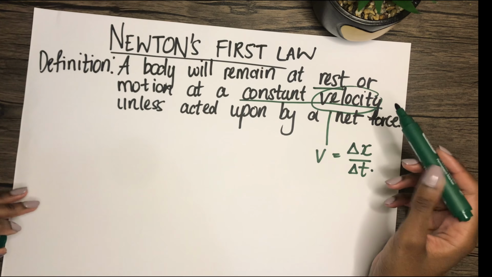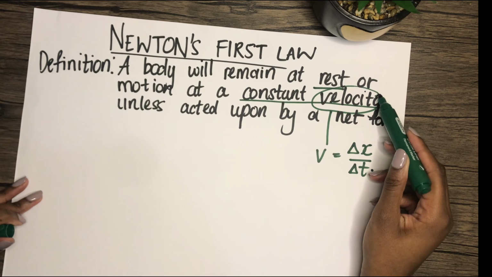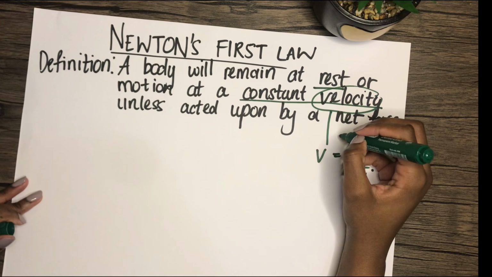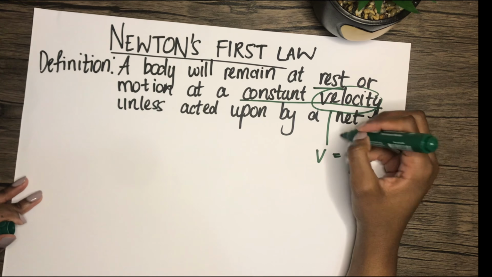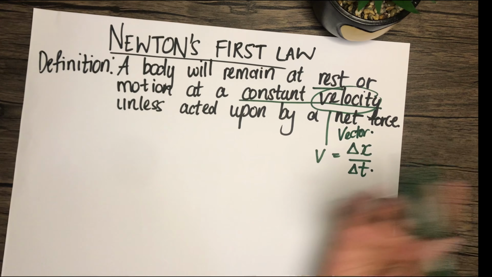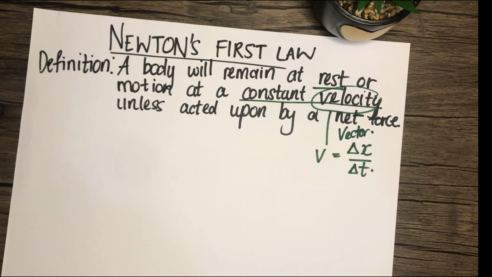So if we're talking about constant velocity, since it's a vector quantity, it's going to have both magnitude and direction, which means if you are moving, let's say a car is moving at a speed of 10 kilometers per hour.